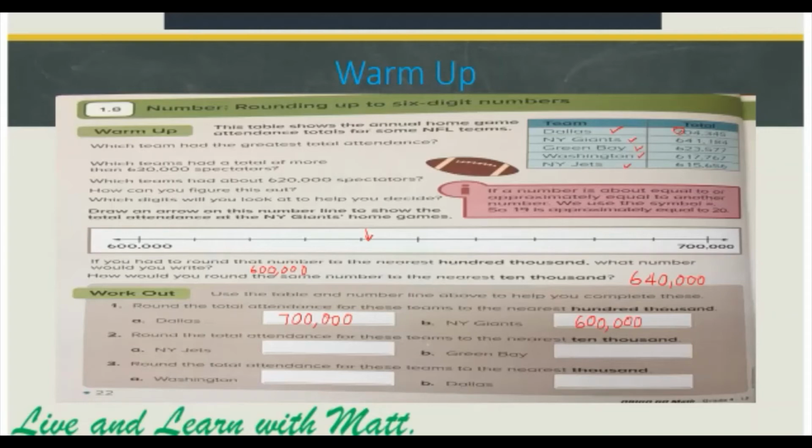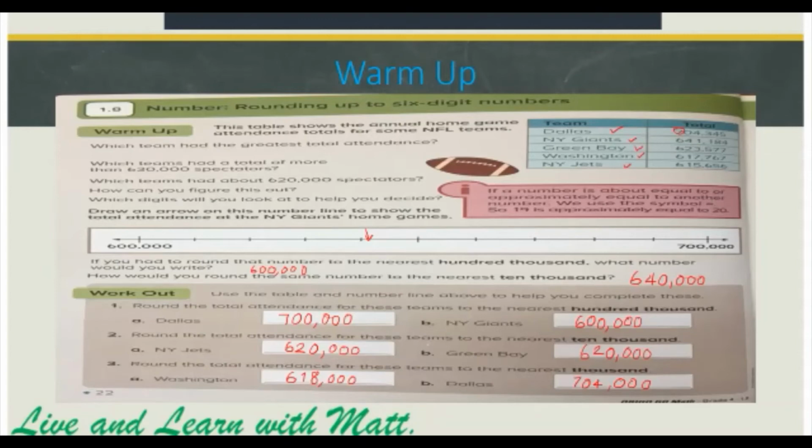Now, number 2, round the total attendance for these teams to the nearest 10,000. So both can be rounded up to 620,000. Now, number 3, round the total attendance for these teams to the nearest 1,000. So for Washington will be 618,000, and for the Dallas will be 704,000.